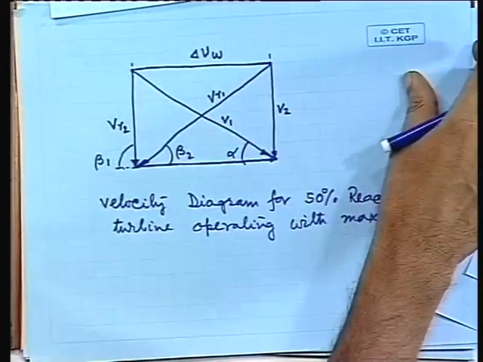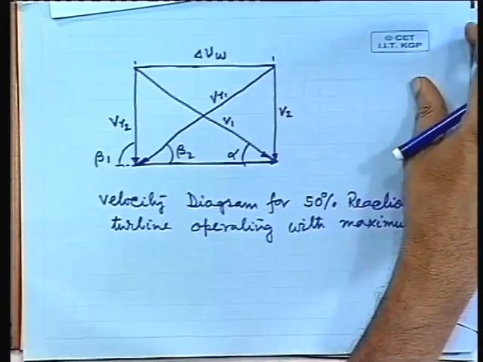Now, we will have equal enthalpy drop in all the stages. That is why the design of a reaction turbine is guided by this particular principle.